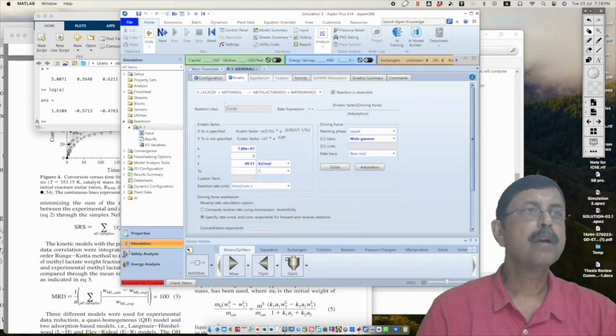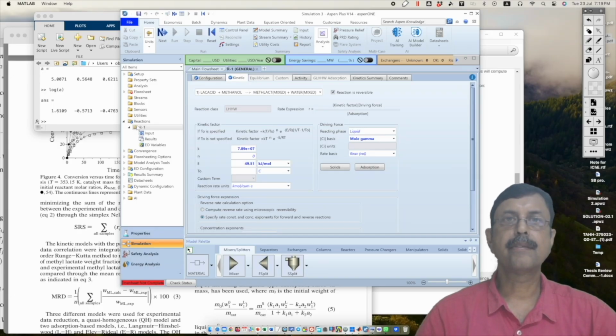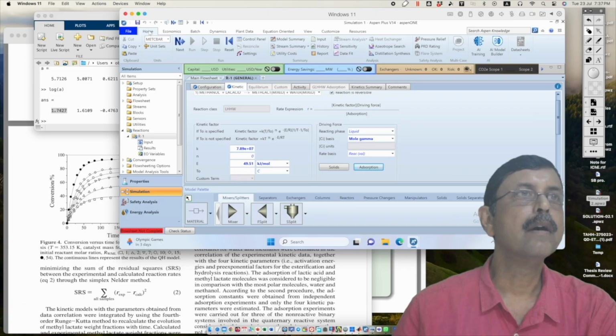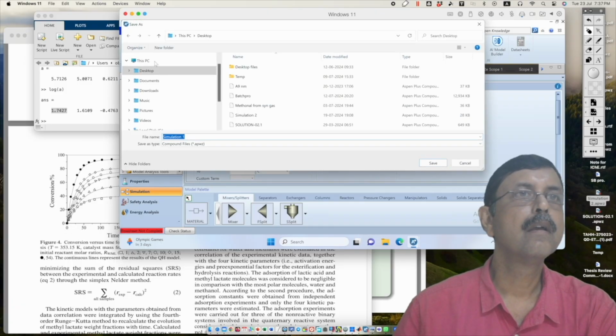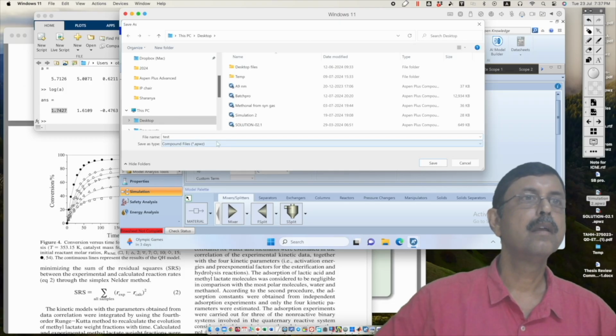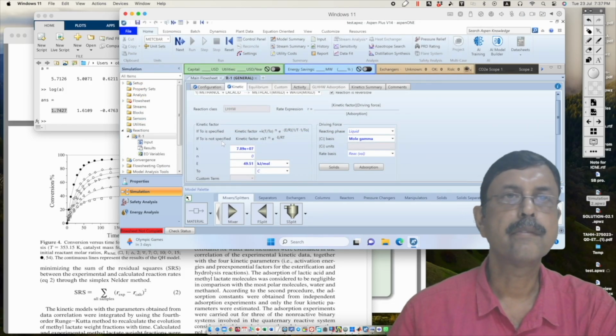So that's how our reaction is specified. So it took us a lot of time, but painstakingly we have created a reaction for the whole system. So our test run is saved.